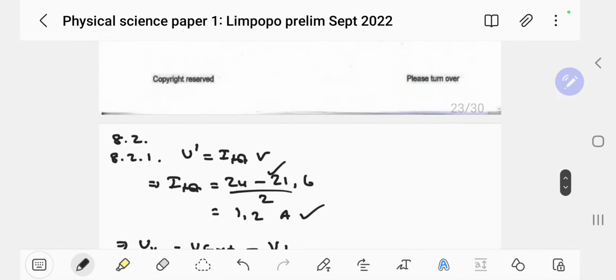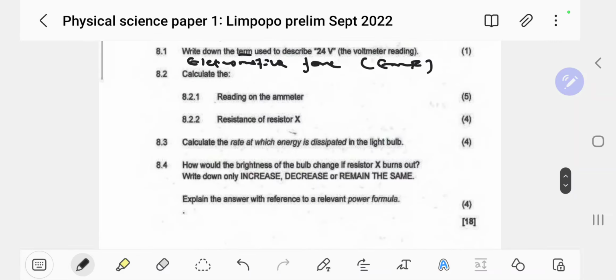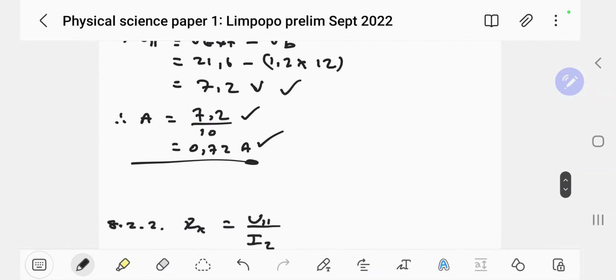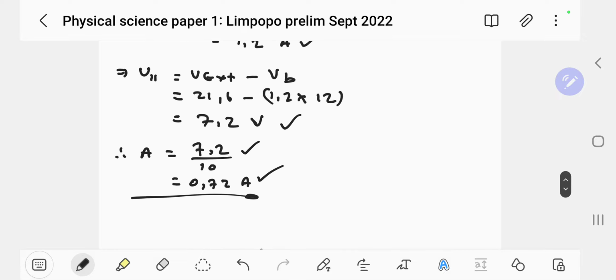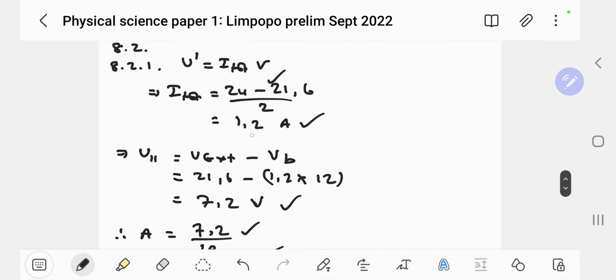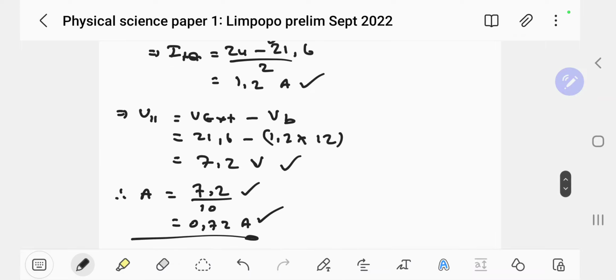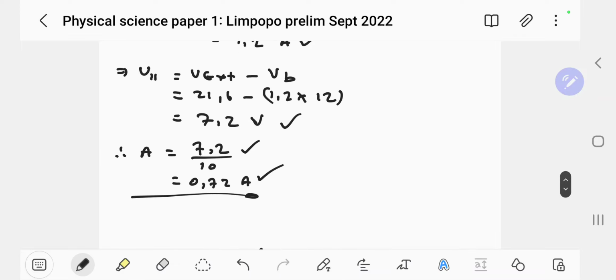How many marks were they giving for this one? 4 marks. Why is it 4 marks now? I mean, the total current, we got 1.2, minus 0.72 is 0.48. So that is that current.